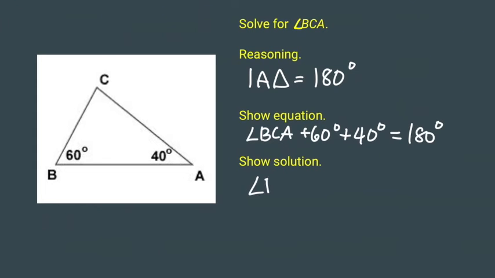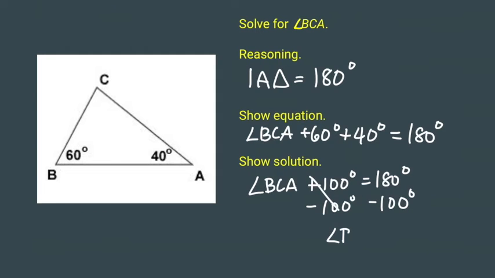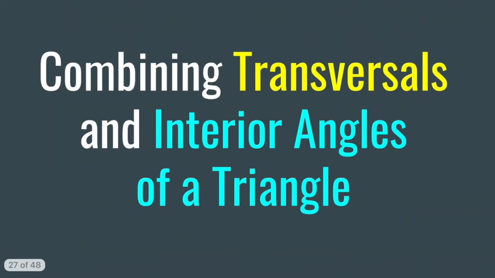And our solution is angle BCA plus 100 degrees equals 180, minus 100 on both sides. Angle BCA is equal to 80 degrees. Did you get it?